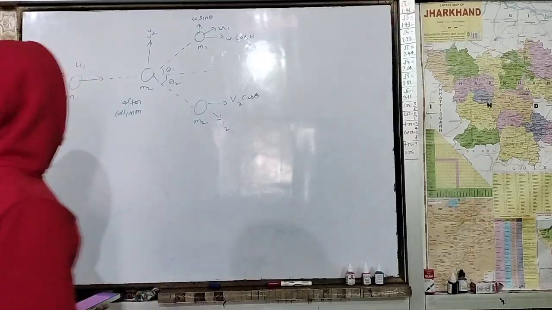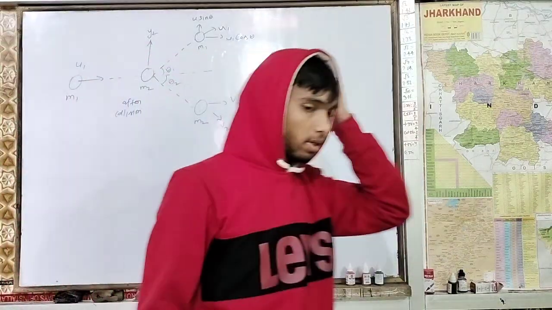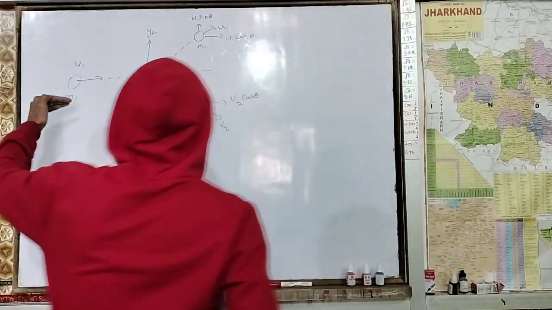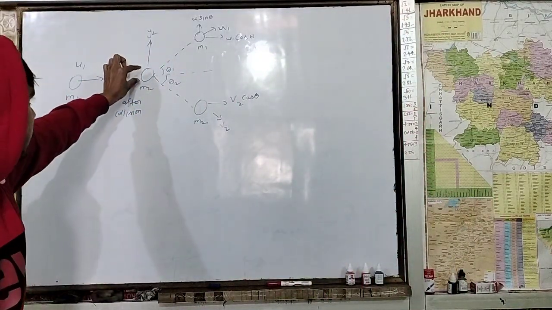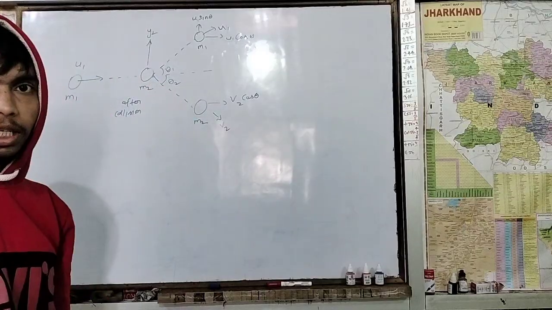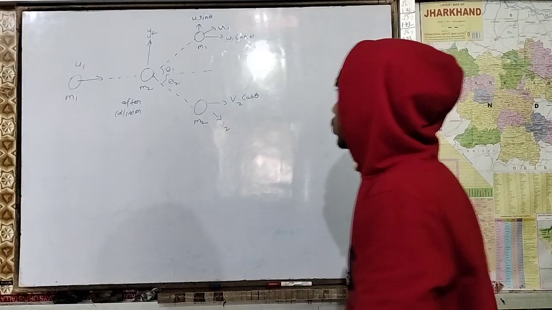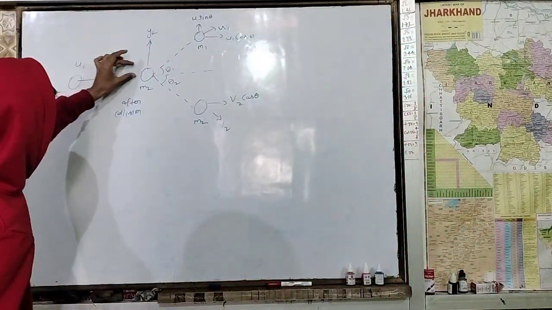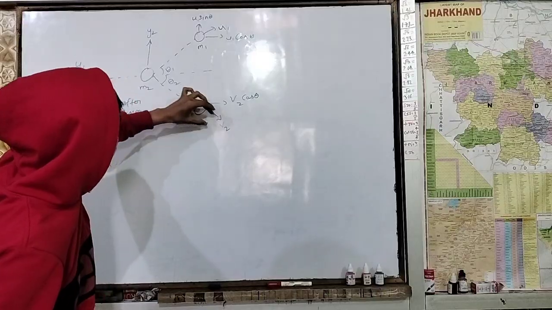What are you understanding? There were two objects. One was going horizontally, the second was going vertically. At this time both came near each other. After collision, this went in this direction and the second, m2, went in this direction.